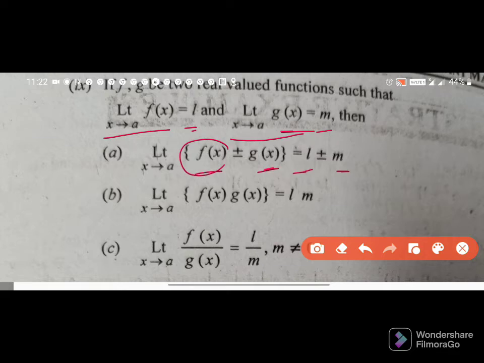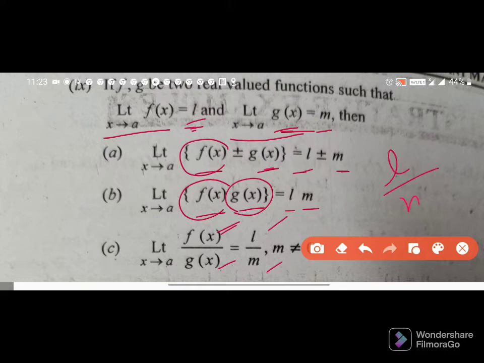Next, limit x tends to a, f(x) times g(x), the product of two functions, is L times m. Similarly, in case of division of two functions, limit x tends to a, f(x) divided by g(x), is L divided by m.